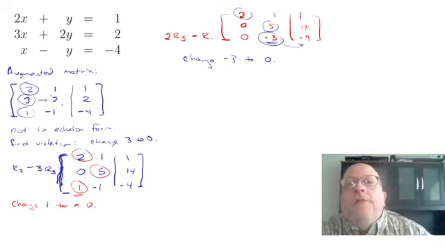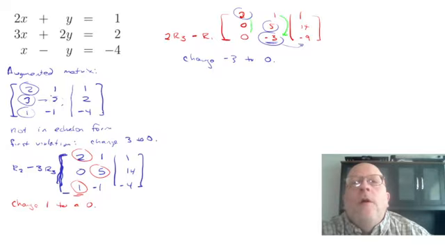So let's talk about this step. If I were to use the 1 to change the -3 by making the 1 into a 3 and canceling it with a -3, that would make this a 0, but because I have to do the entire row, that would change this 0 back into a 6. And I don't want to do that.